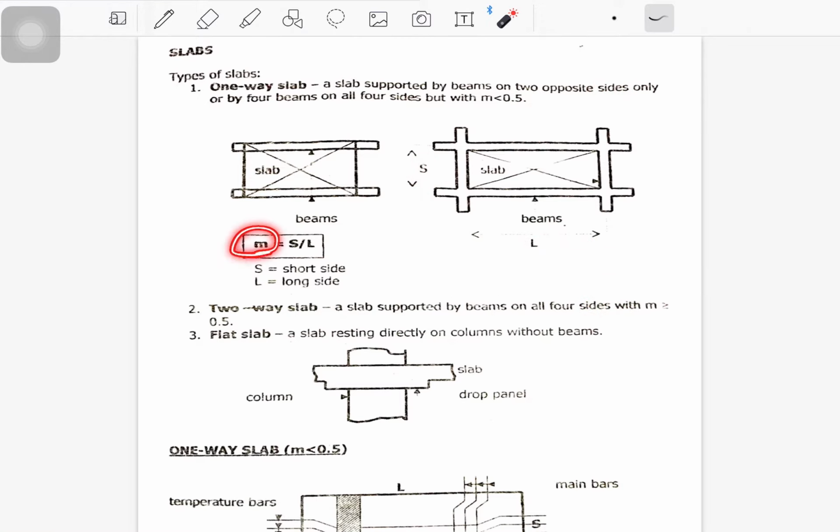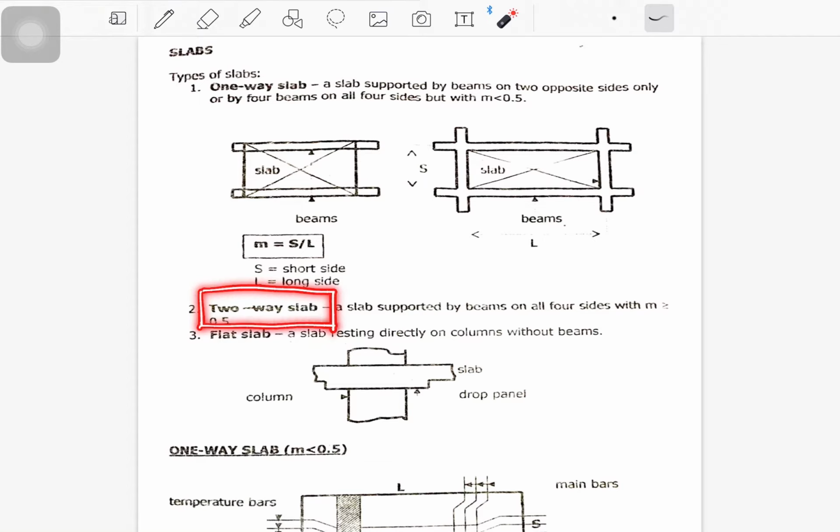It's because of solving your M, and sometimes in the problem it is stated that it is one way or it is two way, but in our case, I'll just have you design only for one-way slab.